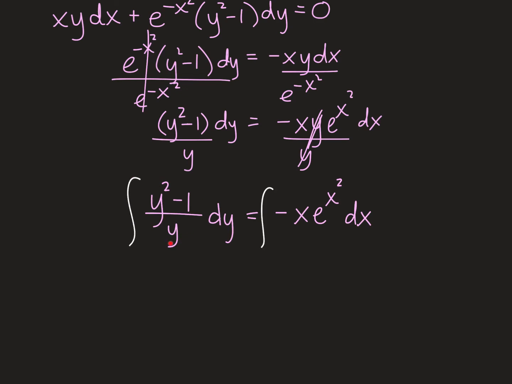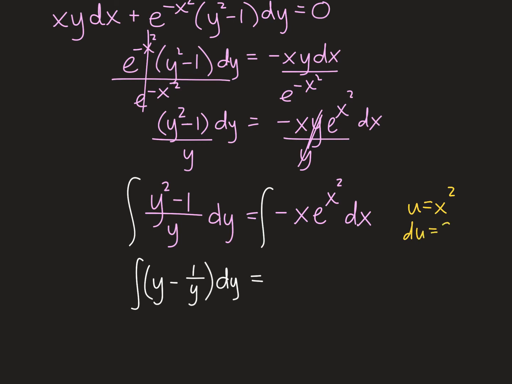This should just be broken up, so this is y squared over y minus 1 over y. Y squared over y is just plain old y. So we have the integral of (y minus 1 over y) dy, so it's a pretty simple integration. On this side, it looks like we can do a u-sub. If we let u be x squared, that should work out pretty nice. So we'll let u be x squared.